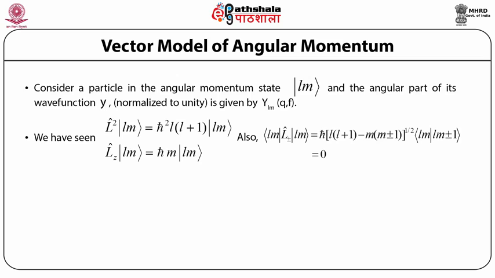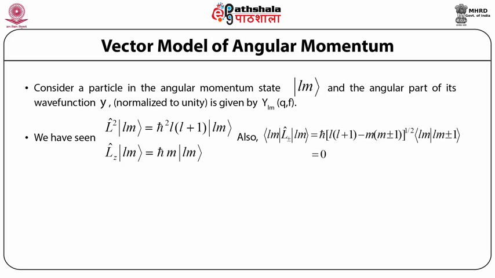eigenvalues corresponding to the eigenvector Lm, when the operator L square acts on the ket vector Lm, it returns the eigenvalue h cross square L into L plus 1 times the ket vector Lm. Similarly, we have also seen the eigenvalues for the operator Lz, that is the z component of the orbital angular momentum operator.